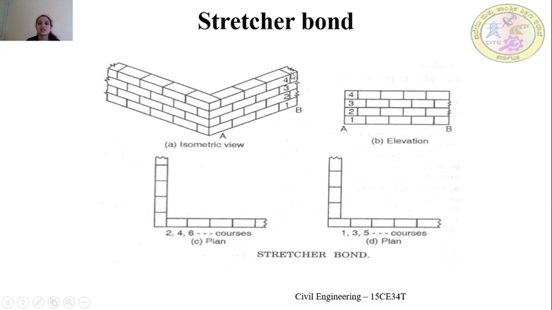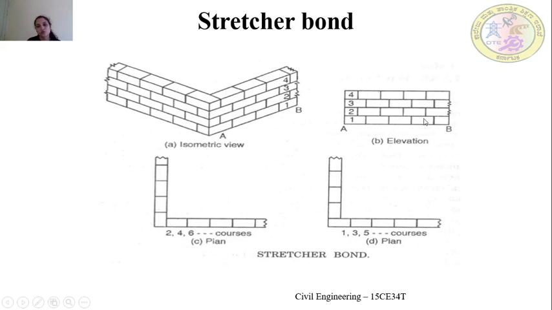In this slide I have included all four views in one slide. This is the isometric view, and this is the elevation. Since this is a stretcher bond, we can observe in the elevation the first course, second course, third course, and fourth course.